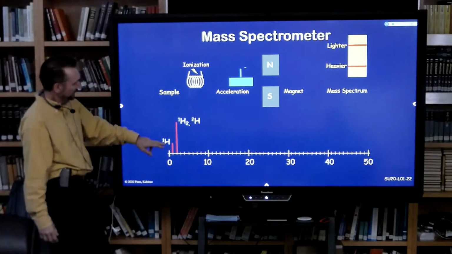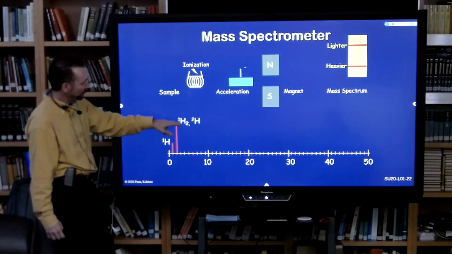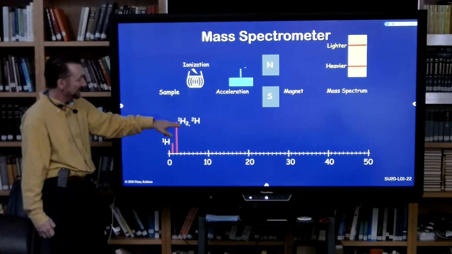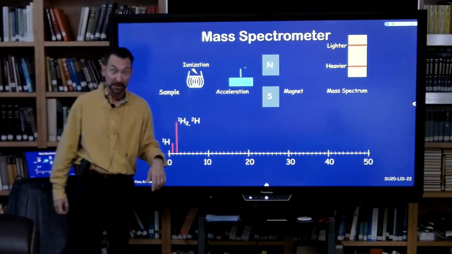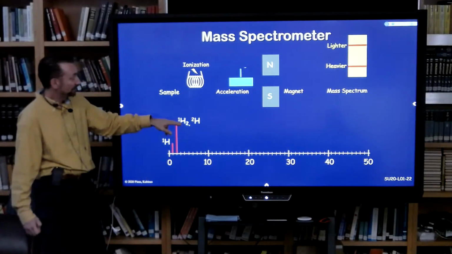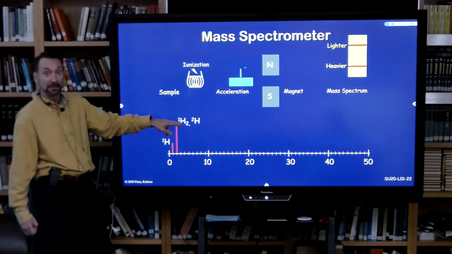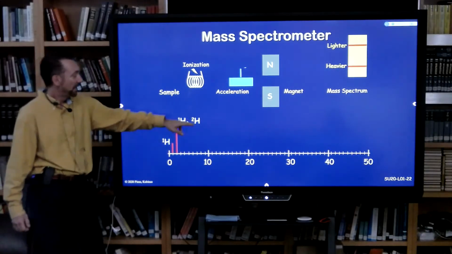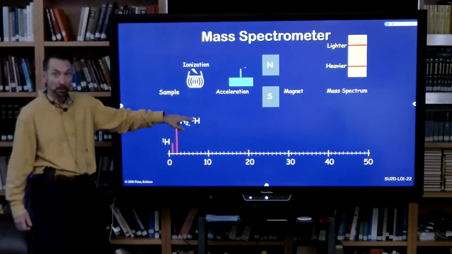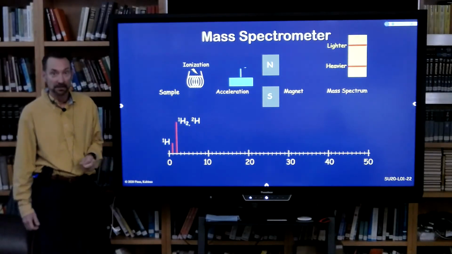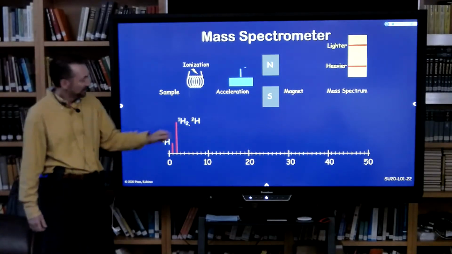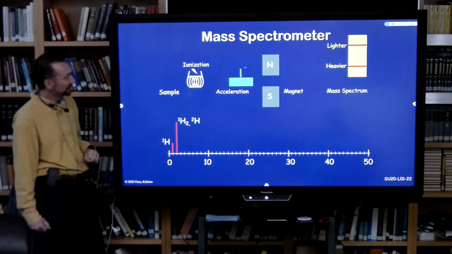Here, I'm adding a peak at 2. Now masses aren't unique, so you don't know exactly what that is, but if you know what you shot into the spectrometer, you'd have a pretty good idea. So that could be a hydrogen molecule, H2, or a hydrogen of mass 2, an isotope of hydrogen. So we have these things called isotopes.